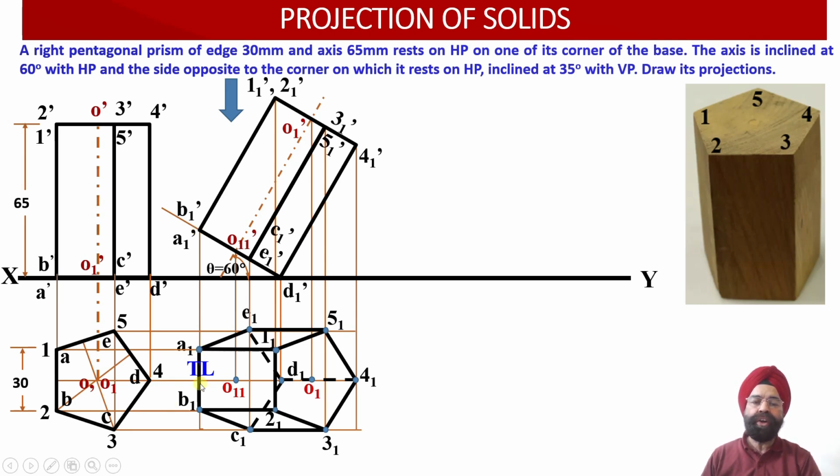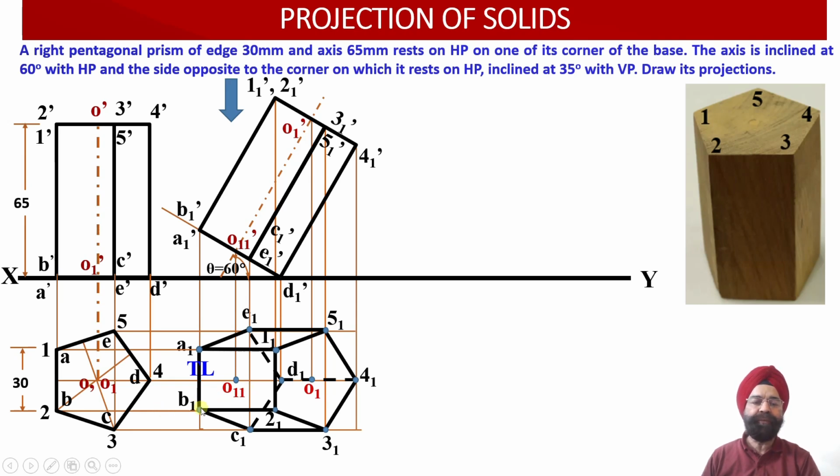So onto the horizontal plane, into the top view projections, we have been able to obtain the true length of this edge, which is opposite to this corner D1 over here. Please check, this is the corner D1 onto which the prism is resting on the ground or on the horizontal plane. So the opposite edge is A1, B1, that is A1 dash, B1 dash in the front view or A1, B1 in the top view.